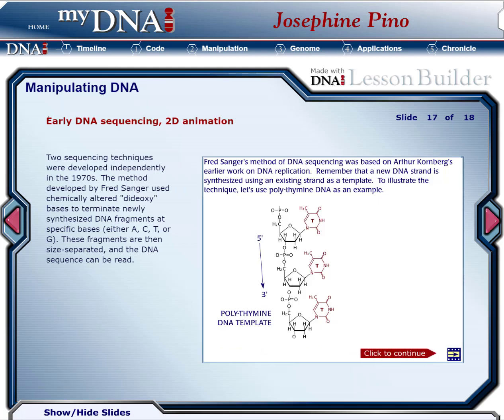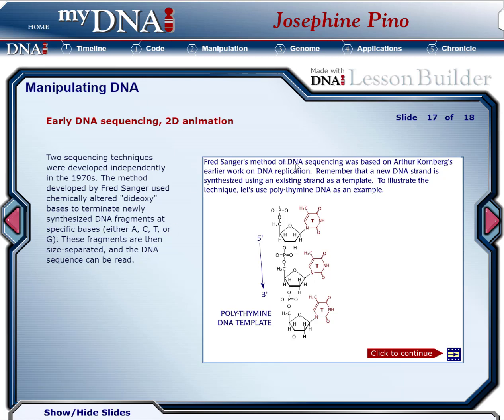Okay, early DNA sequencing, this 2D animation. First we'll read this here. Two sequencing techniques were developed independently in the 1970s. The method developed by Fred Sanger uses chemically altered dideoxy bases to terminate newly synthesized DNA fragments at specific bases, either A, C, T, or G. These fragments are then size separated and the DNA sequence can be read.